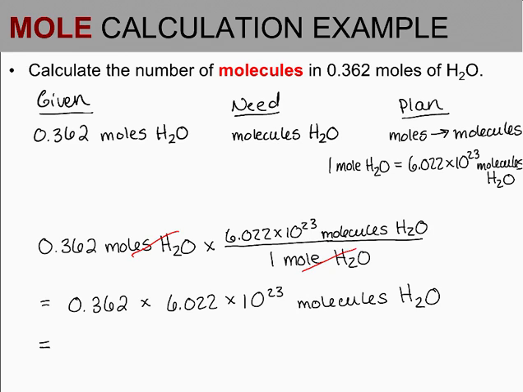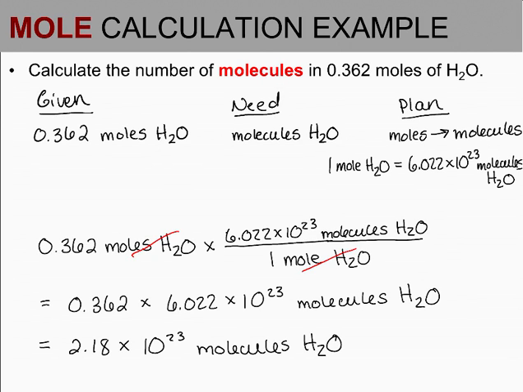So now if we plug that into our calculator, we should end up with a value of 2.18 times 10 to the 23rd molecules of H2O.